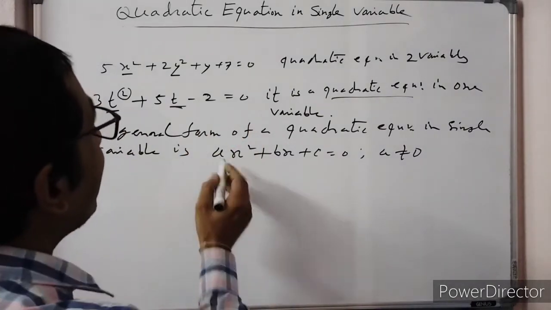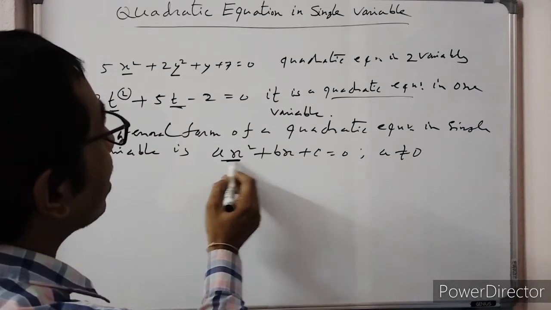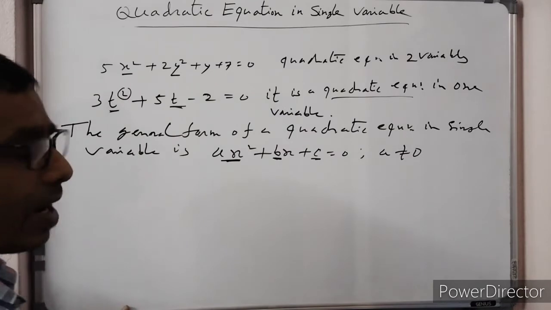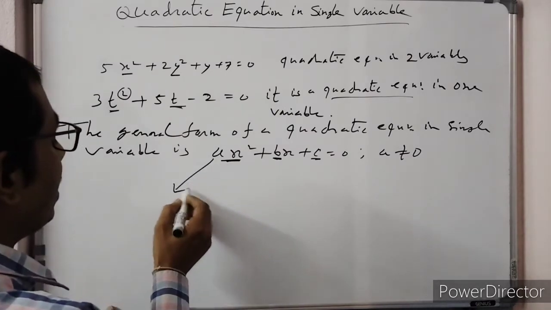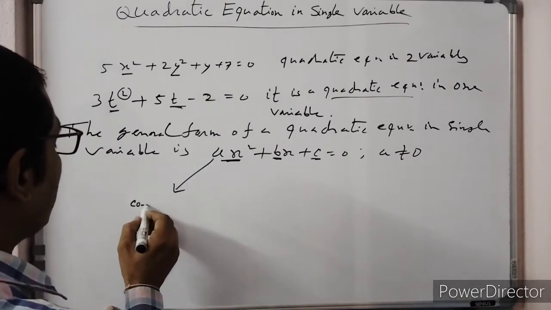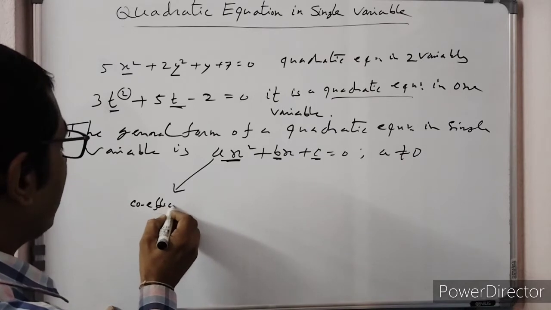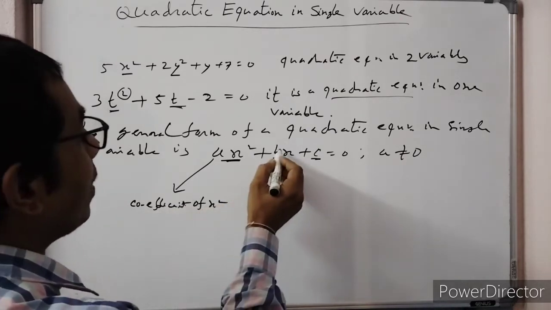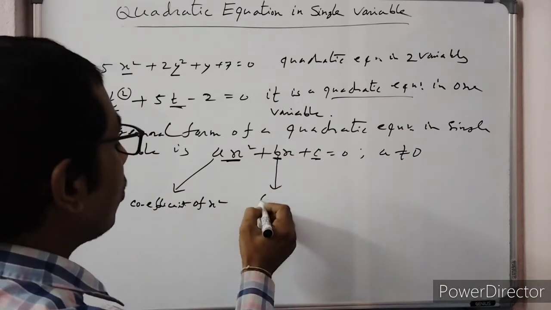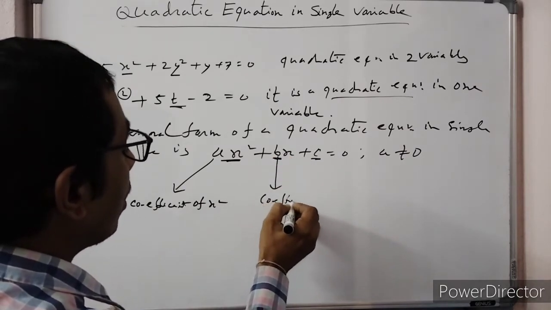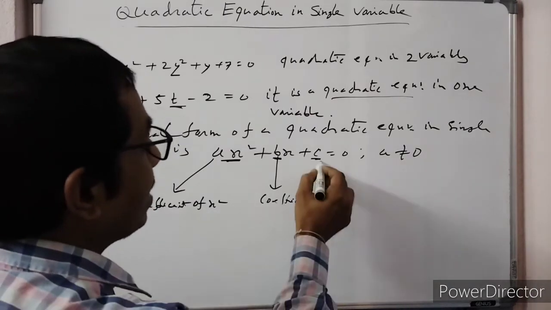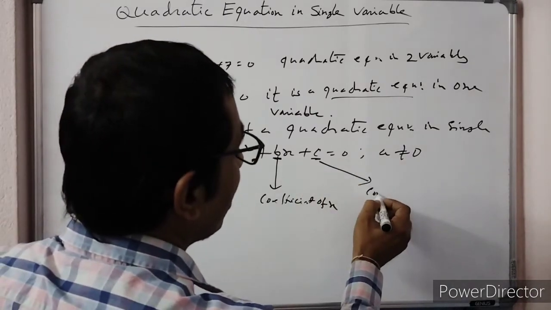What is a? A is the coefficient of x square, b is the coefficient of x, and c is called the constant term.